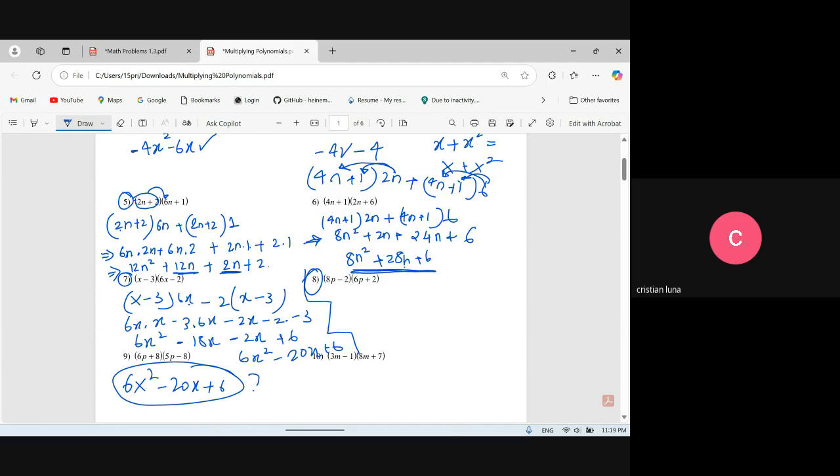Yeah, okay, that's it. It's 48p squared. 2 times 6. Okay, then we're going to get the 2, 16p, and then.